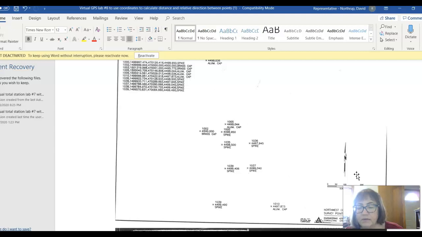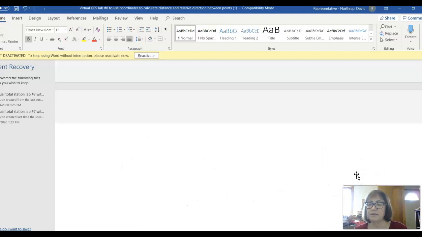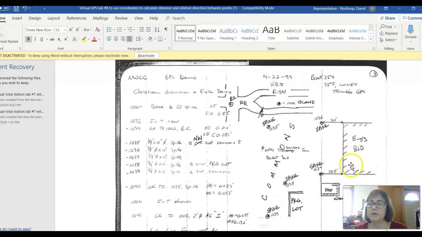That is not necessarily true, but if you don't know exactly where true north is, if you do a survey set from an assumed north meridian, then you could rotate it later on, and all of your relative locations will rotate perfectly into true north, true east coordinate rows, compass rows.